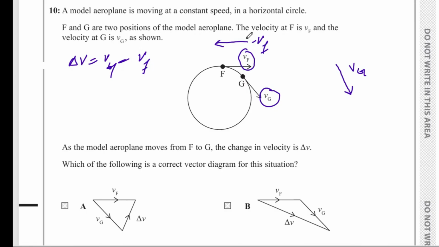So I'm going to join the tail of negative Vf with the head of Vg, and that would be something like this. That is going to be negative Vf. And the resultant vector, remember, is going to be towards the tail of the last vector, right? So that is why I'm going to go with this.